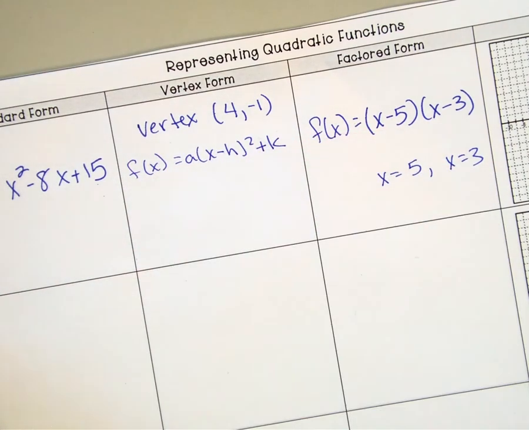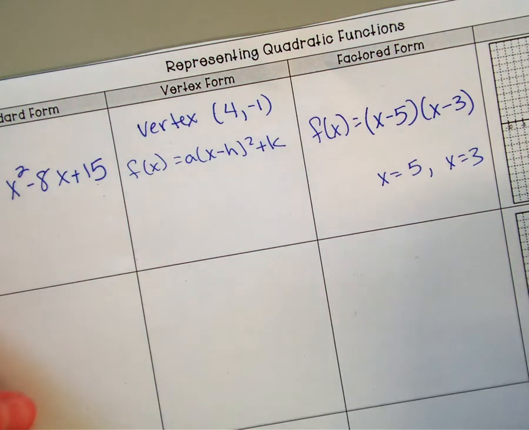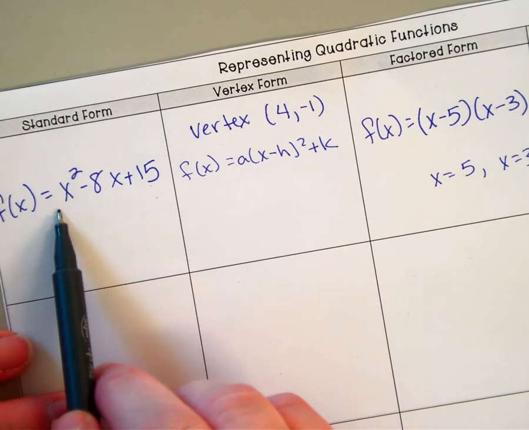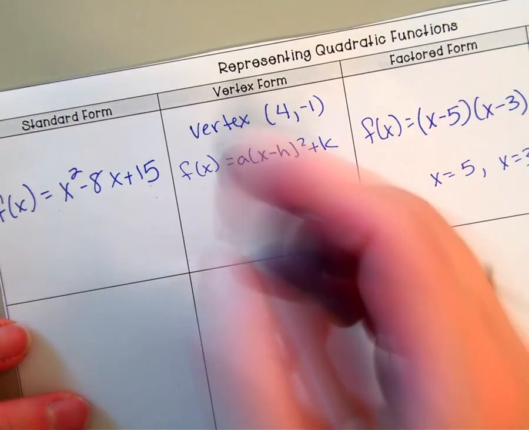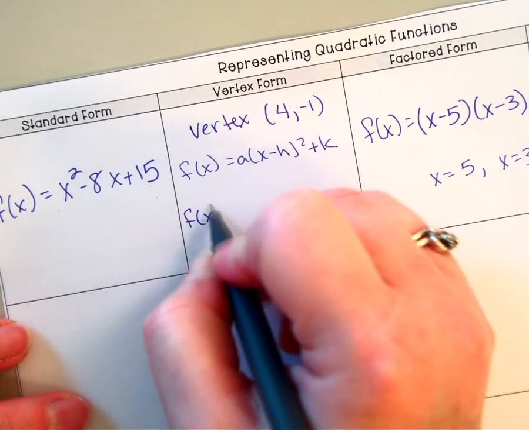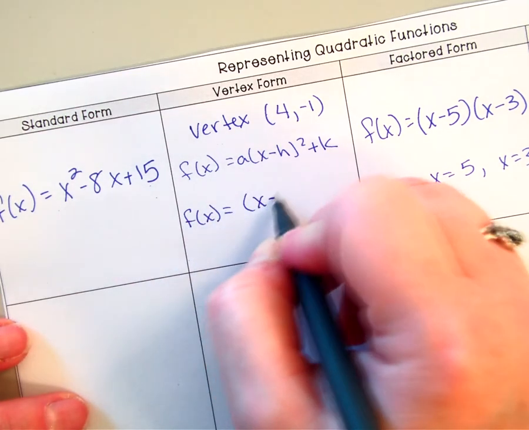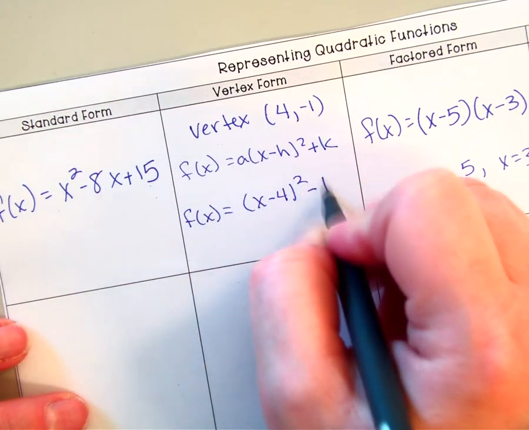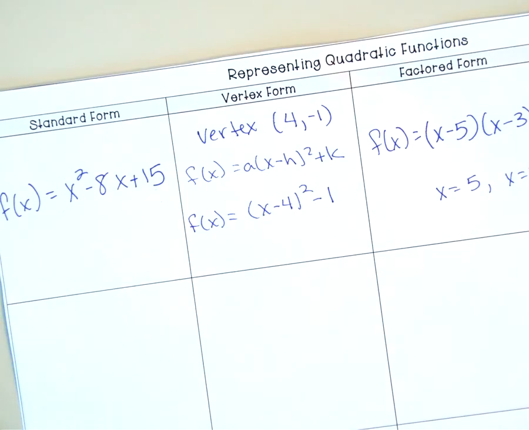We will learn how to do this algebraically, but for now, you can get your vertex off of the graph. Your a value would be the same as your a value from standard form, which is just a 1, so this is going to be x minus 4 squared minus 1. That would be our vertex form.